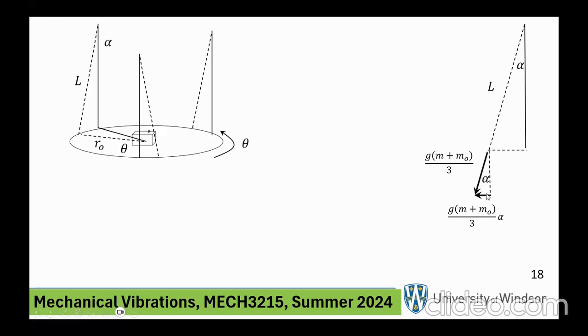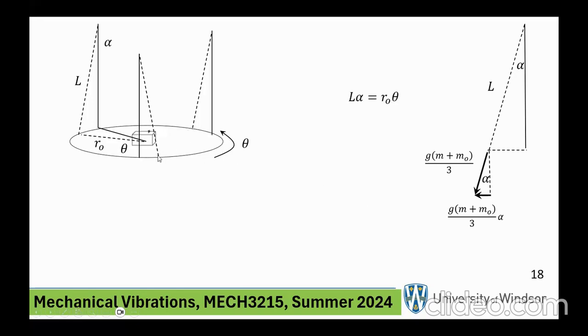So that's going to give you this. But if alpha is small, sine of alpha and alpha are the same. So it's going to be just the tension times alpha. So the component that causes this whole thing, the tray, to twist, the component of the force that creates a moment and causes this thing to twist, is right here. Okay? And keep in mind that there are 3 of these, one for each of the wires.